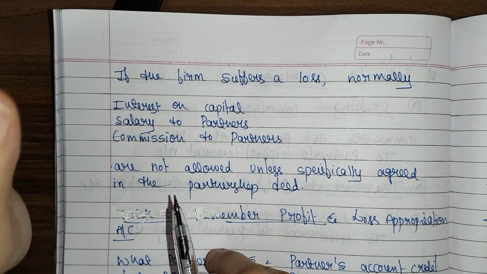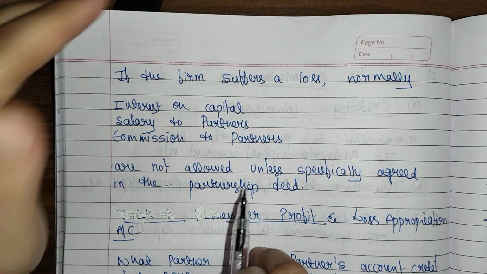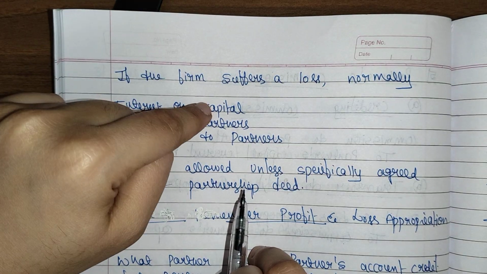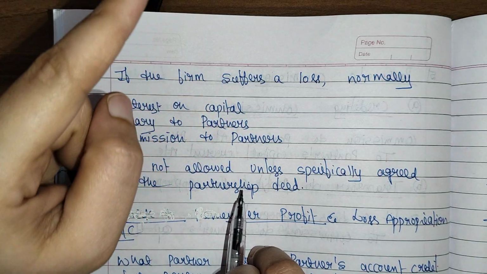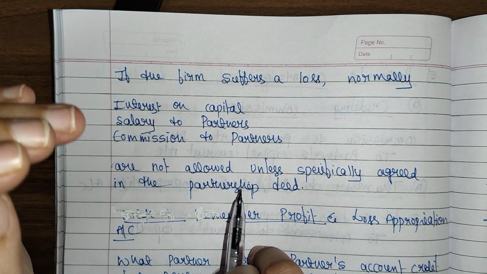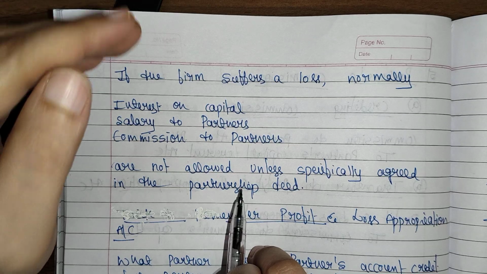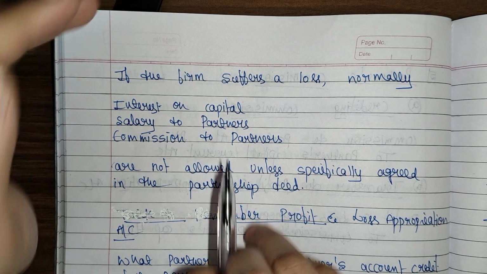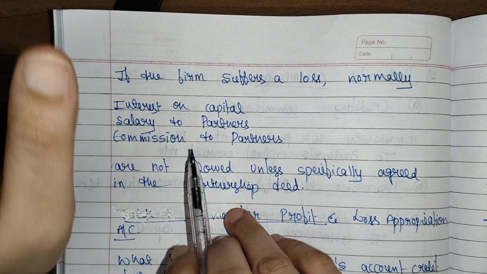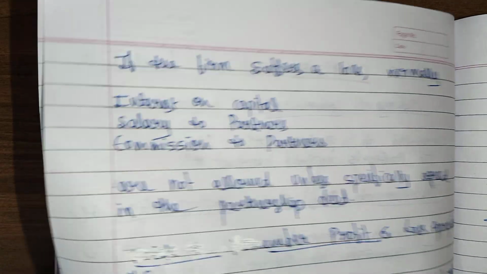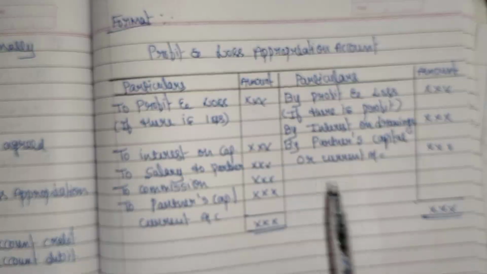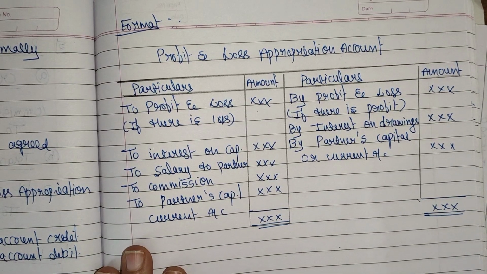Unless specifically agreed in the partnership deed. Means if there is loss but it is mentioned in the partnership deed that you need to allow, then we need to allow. Otherwise, it is not allowed if the firm suffers a loss. Clear? That's it. This is one important point.